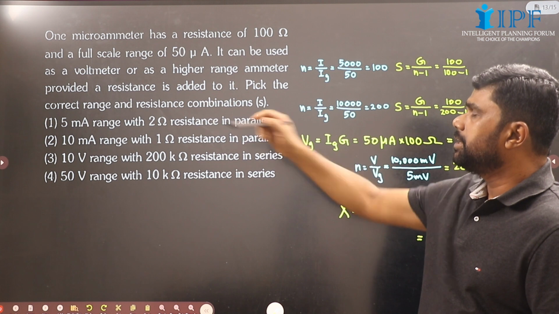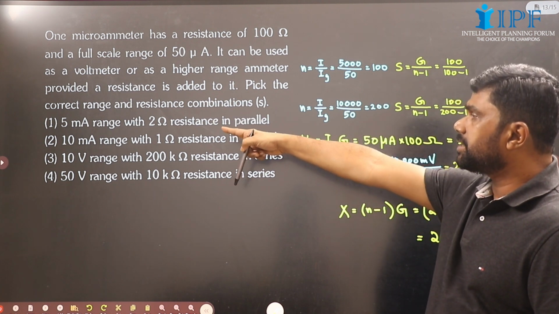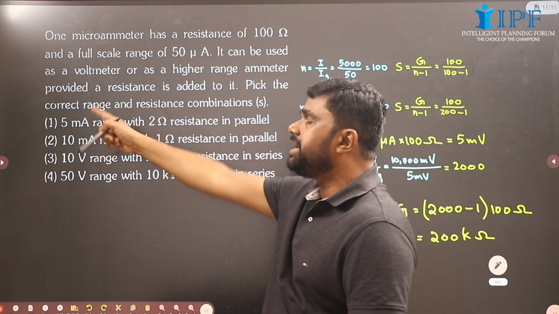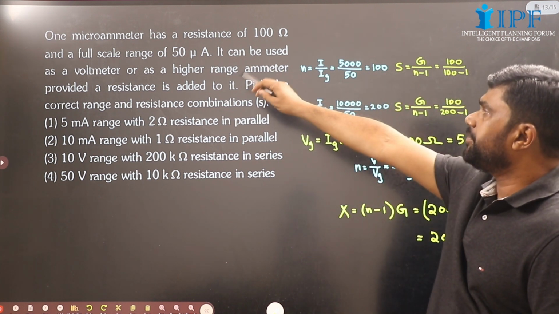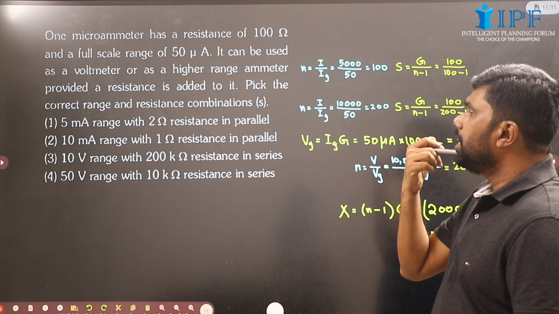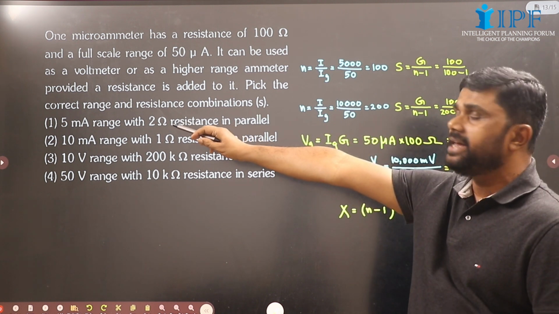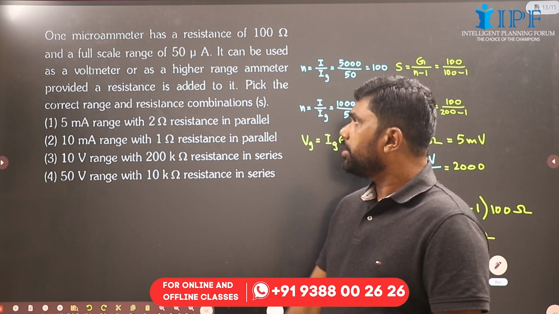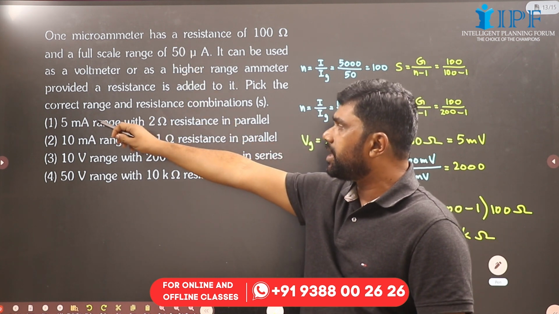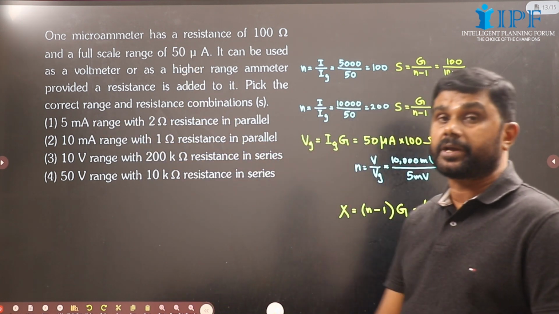In the first case, we need an ammeter capable of measuring 5 milliampere. So the current capacity is to be increased. 5 milliampere is actually 5000 microampere. So from 50 microampere we have to increase the capacity to 5000 microampere.